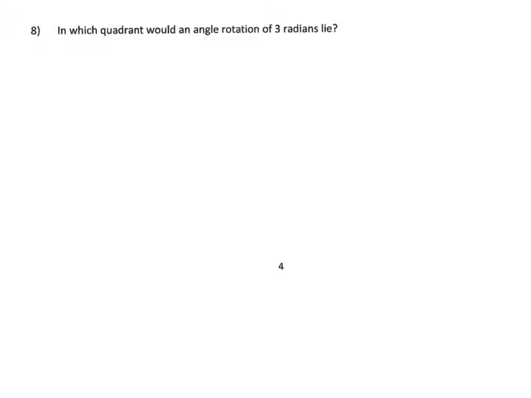Okay, so this one wanted to know in which quadrant would an angle rotation of 3 radians lie. All right, so if they give us radians, the first thing we want to do is convert it to degrees. So if we take 3 radians and multiply it by 180 over pi, that'll convert it to degrees for us.